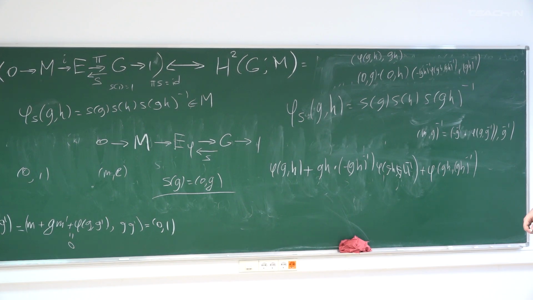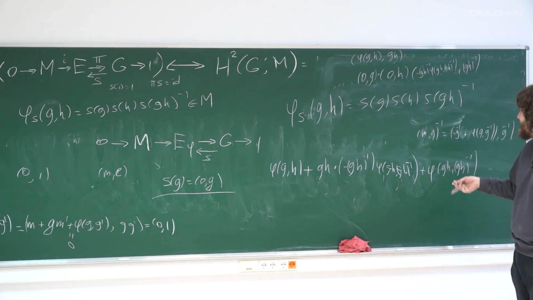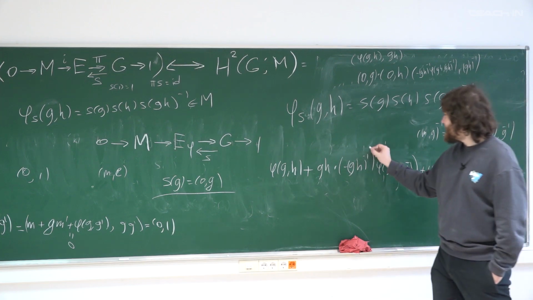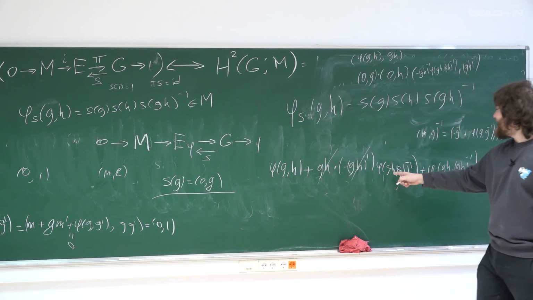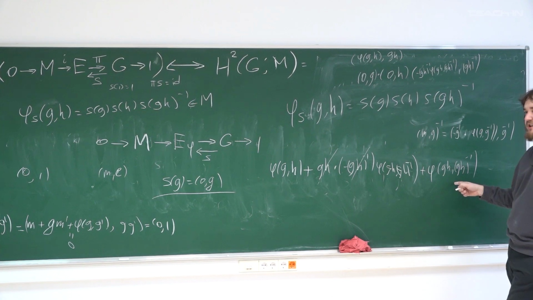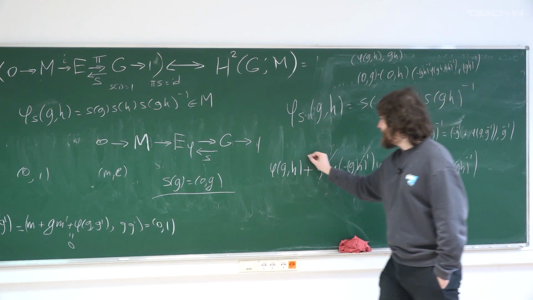And we see that this can cancel elements, yes? This is minus phi gh minus 1, and this is phi gh minus 1, okay? So we obtain really phi.